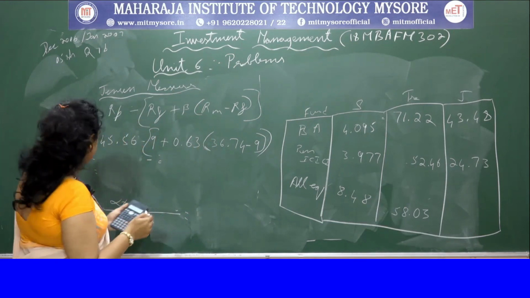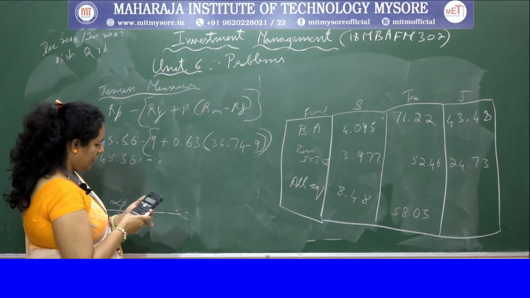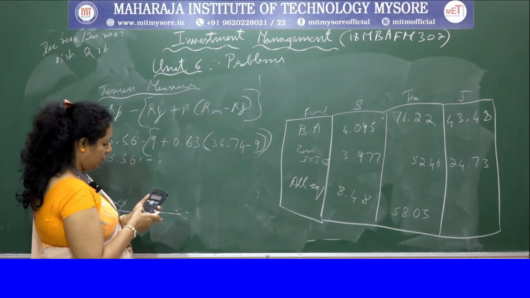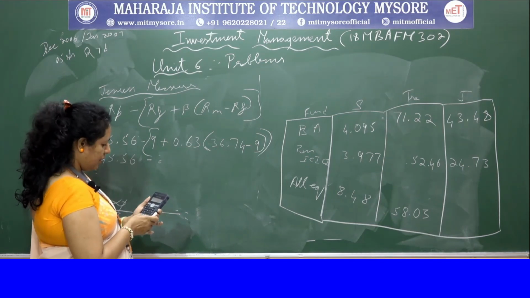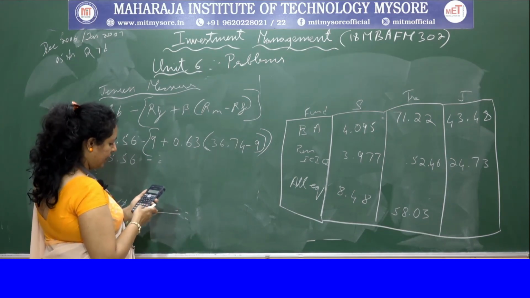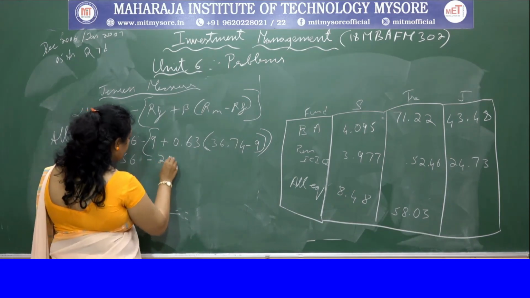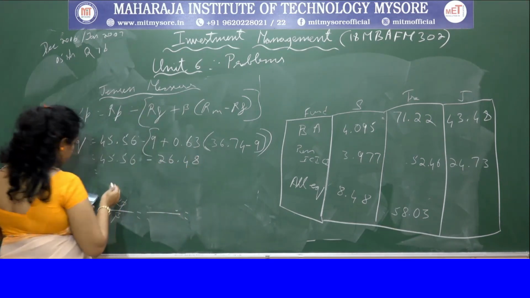Okay, let's simplify this. 36.74 minus 9 into 0.63, you get 17.47 plus 9, you get 26.48.